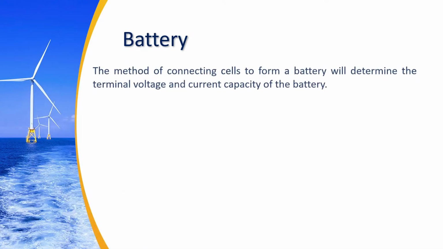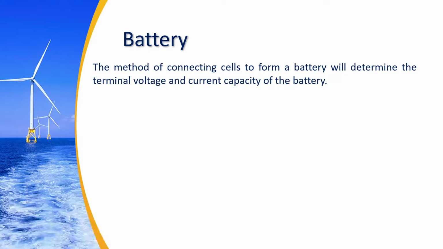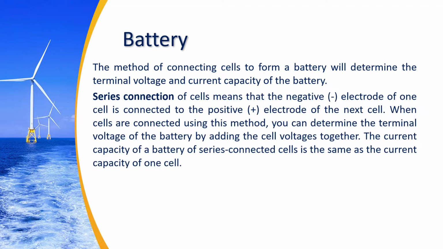Next. So, the method of connecting cells to form a battery will determine the terminal voltage and current capacity of the battery. So, for the series connection of cells means that the negative electrode of one cell is connected sa positive electrode ng another cell or ng next cell.